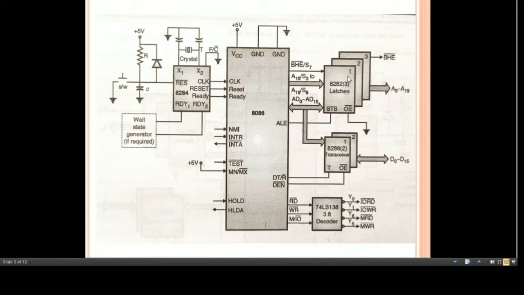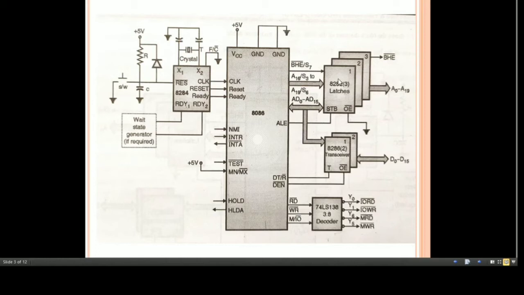Here we can observe that 3 latches are represented: first, second and third. To these latches the multiplexed address and data lines AD0 to AD15 are connected, and similarly A16 to A19, which are multiplexed with the status signals S3 to S6, are connected. At the same time the bus high enable/S7 signal is also connected to the latch.